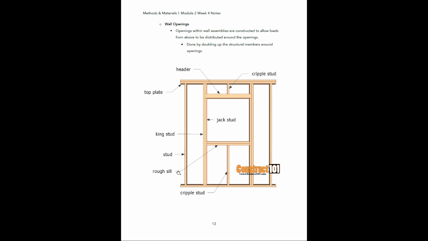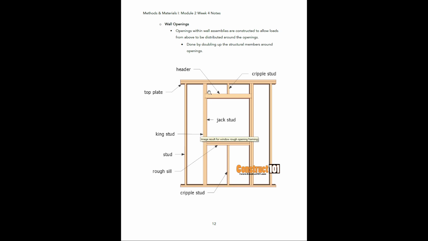All right, then we have what's known as a rough sill. So that's these two pieces right here. Then the intermediate pieces between the sill and the header, these are our cripple studs. These are short little pieces. Those are the cripple studs.